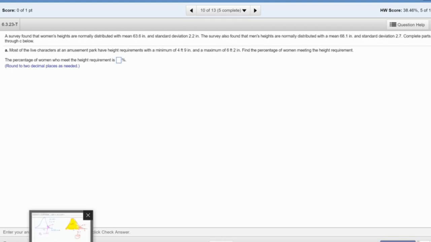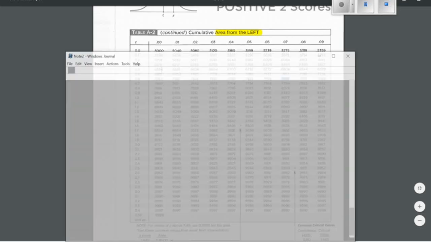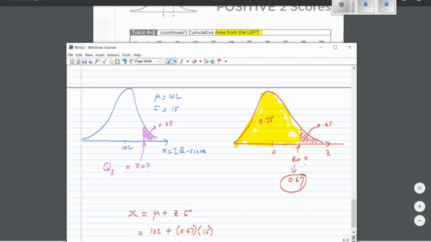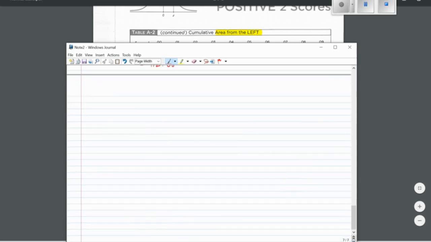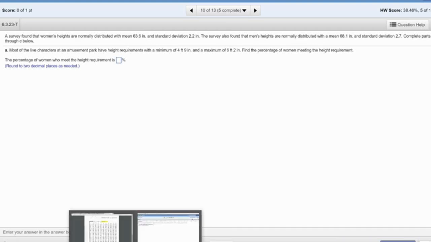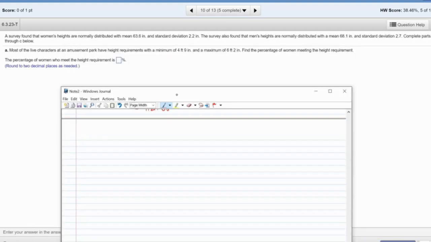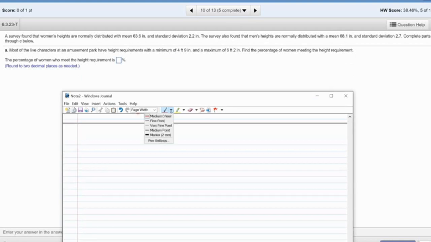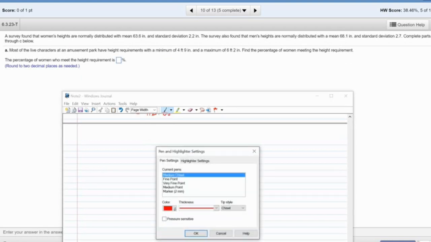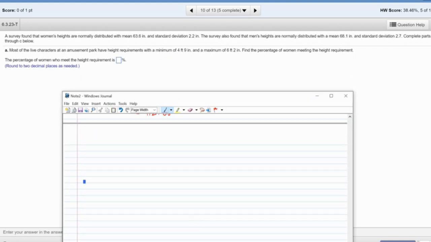First we have feet and inches, so we have to convert feet into inches. Let's draw the normal distribution. Start with x.